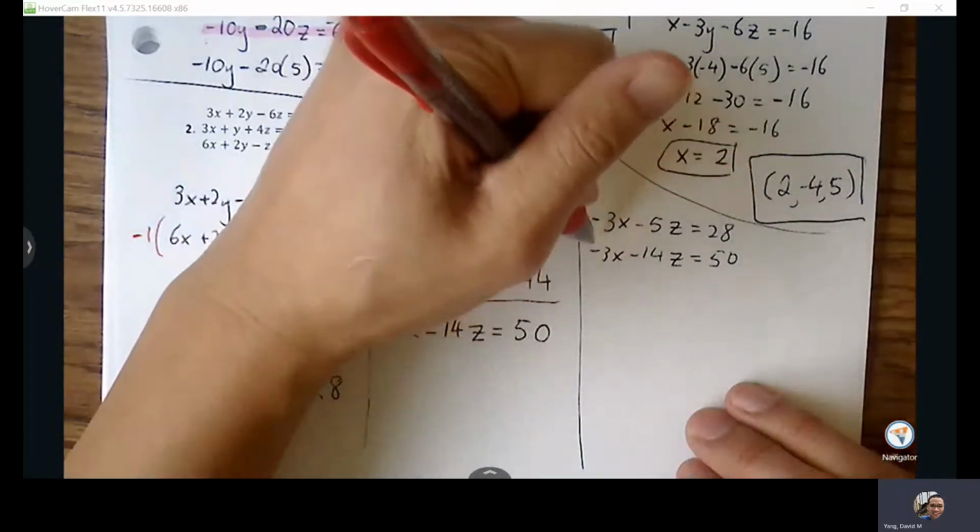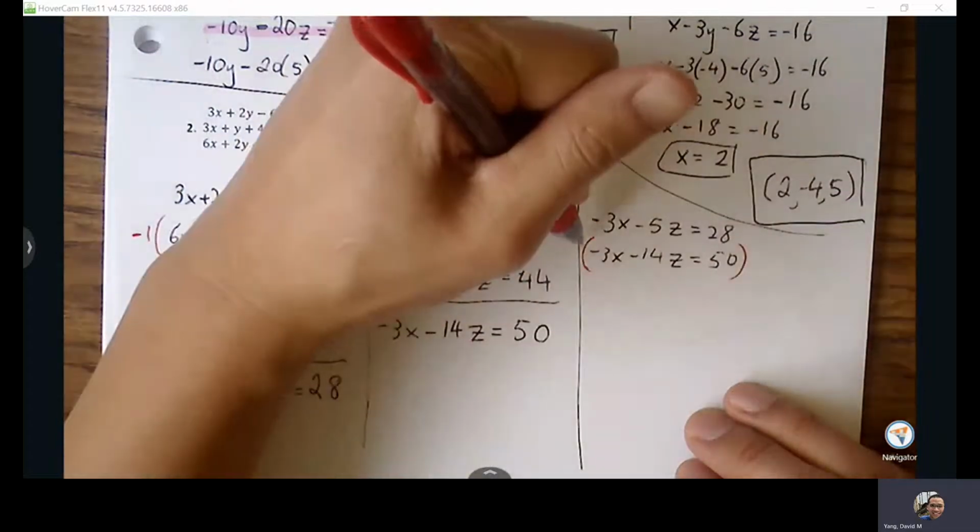I just decided to target the y's first, but any variable is fine.